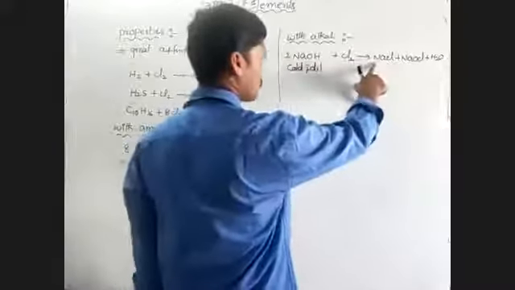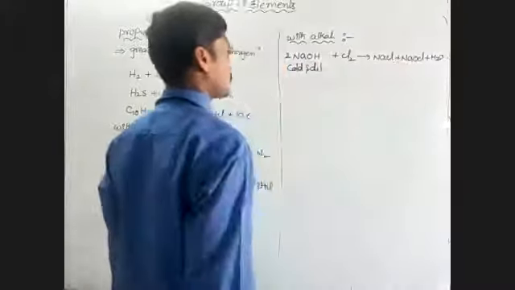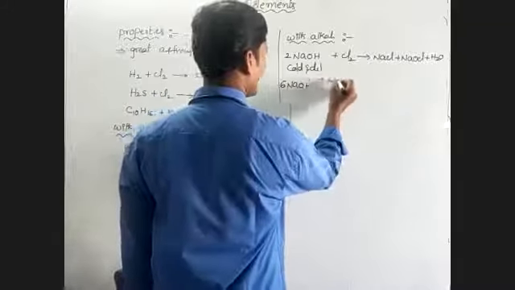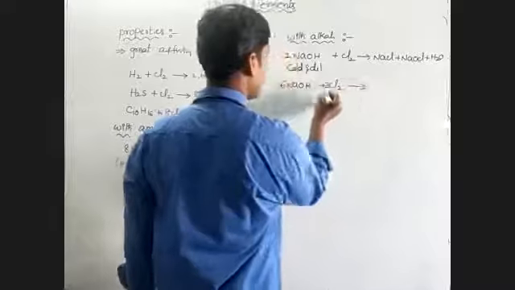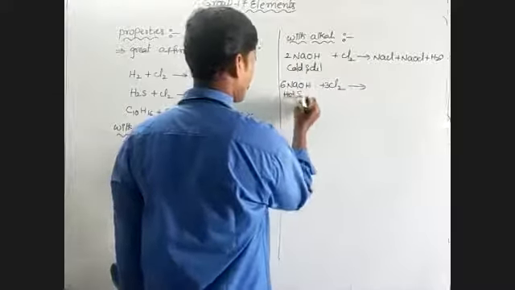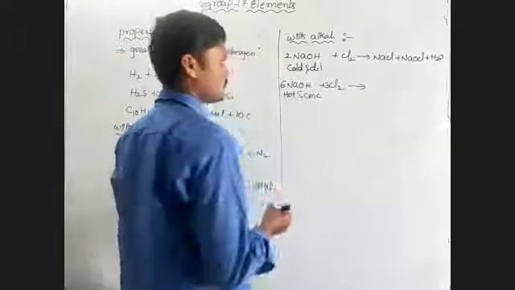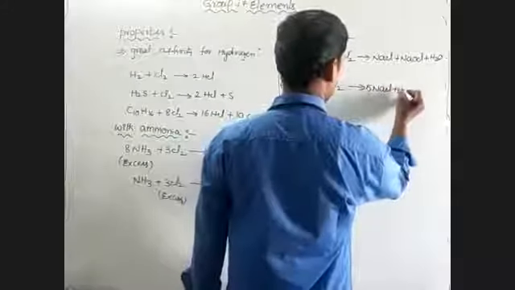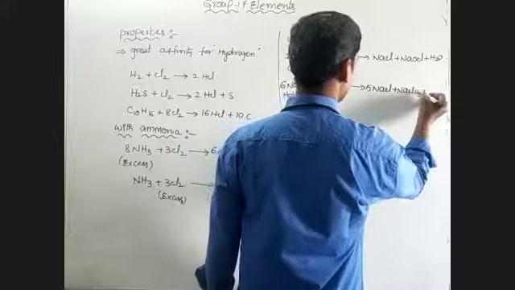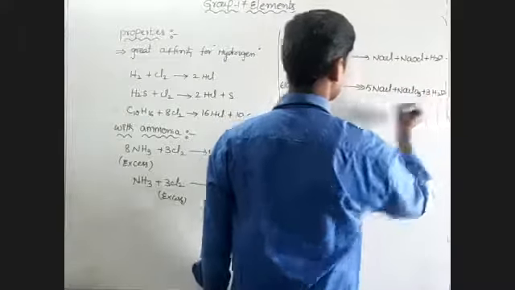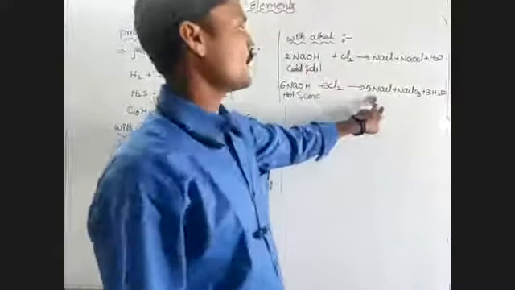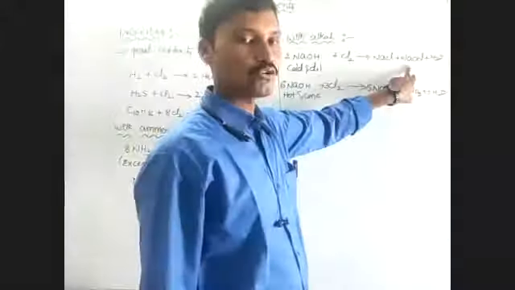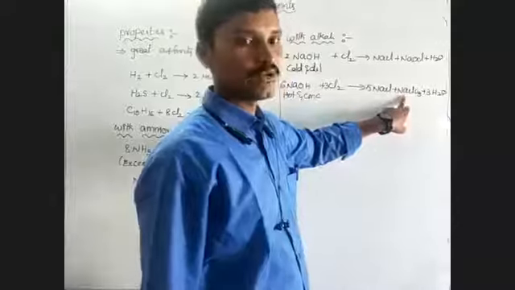And chlorine combines with hot and concentrated NaOH. It forms NaCl and NaClO3 and 3H2O. This is sodium chloride, sodium chlorate. Here, sodium hypochlorite. This is sodium chlorate.